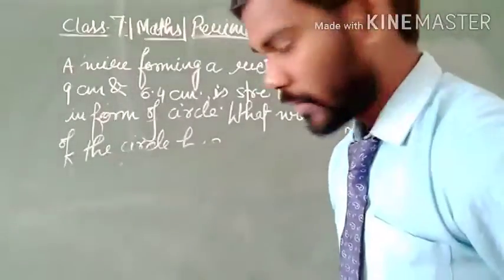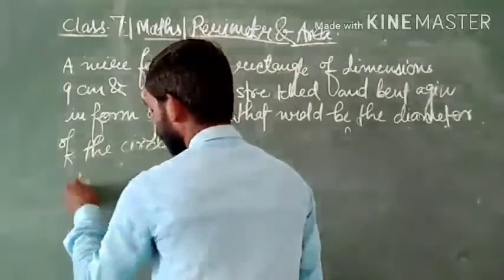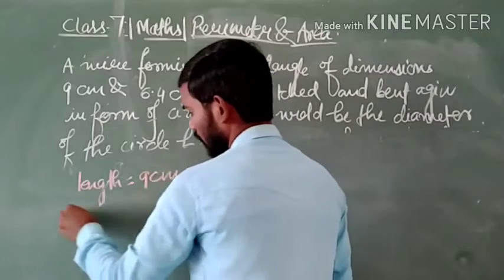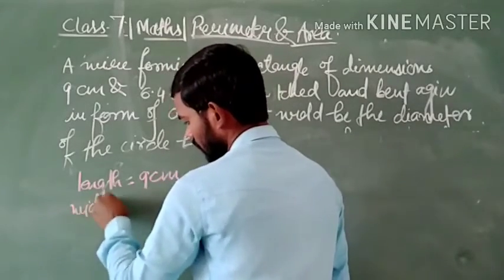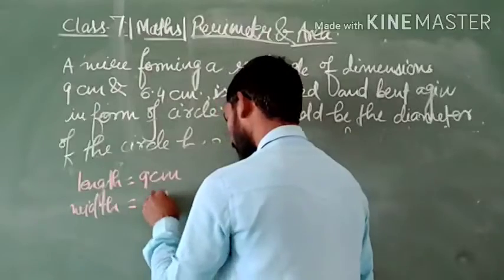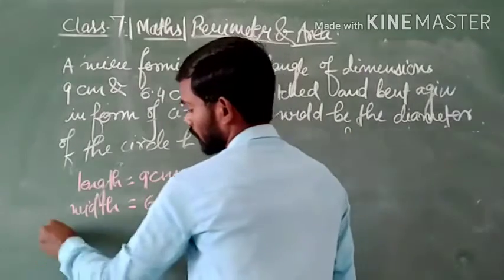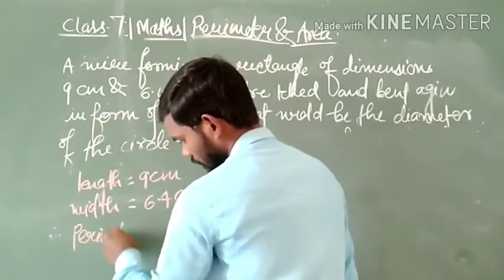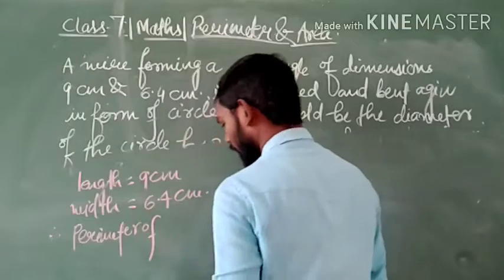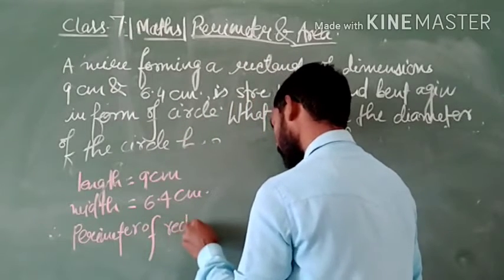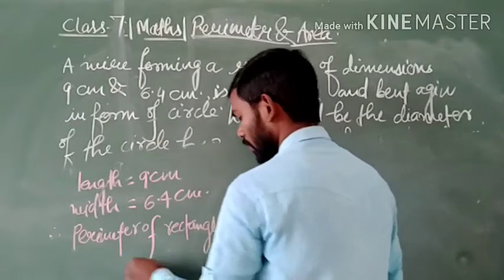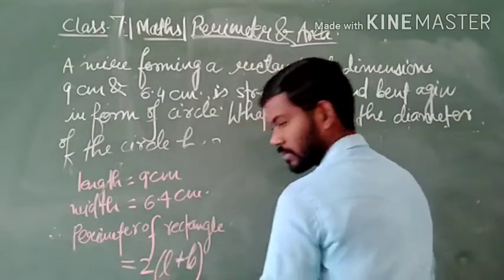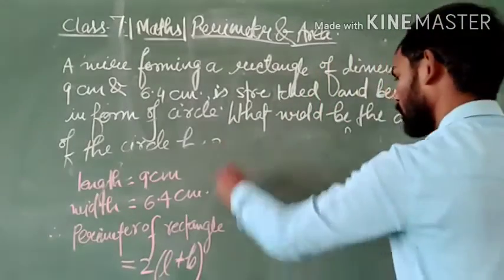So here first of all we shall write length is equal to 9 centimeter and width is equal to 6.4 centimeter. Therefore, perimeter of a rectangle will be equal to 2 into (L plus B). Okay, now just substitute the values.